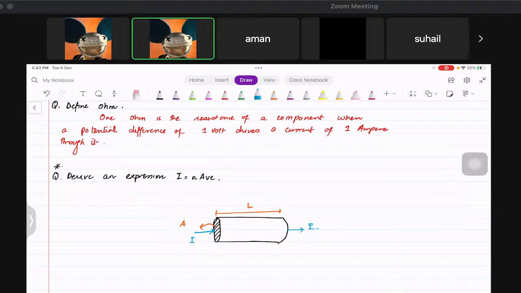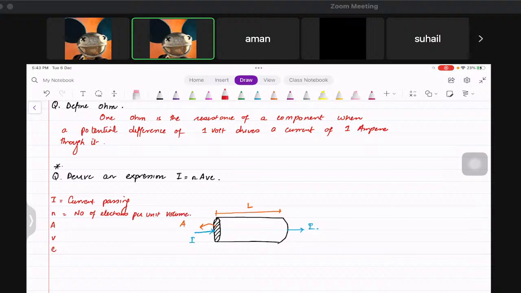Okay. So a couple of things that we need to remember before we do this: I, n, A, v, and e. So we need to know what these are. So I is the current passing. n is the number of electrons per unit volume.